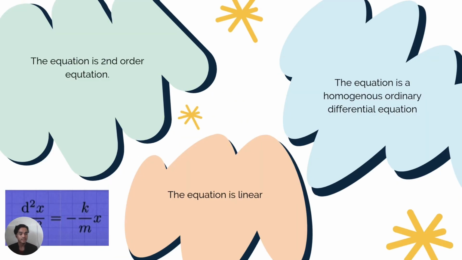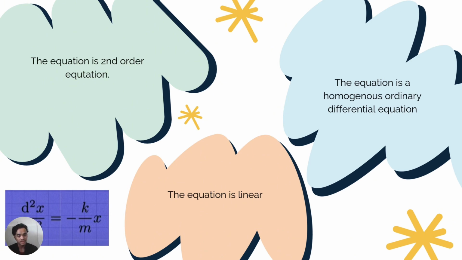About this equation, this differential equation is a second order equation because of the second derivative d square x over dt square. The equation is also a homogeneous ordinary differential equation. It is ordinary because it only has one independent variable, which is t, the time taken.